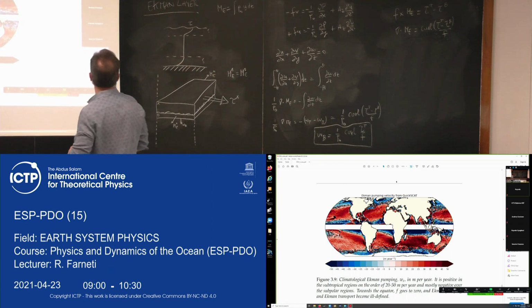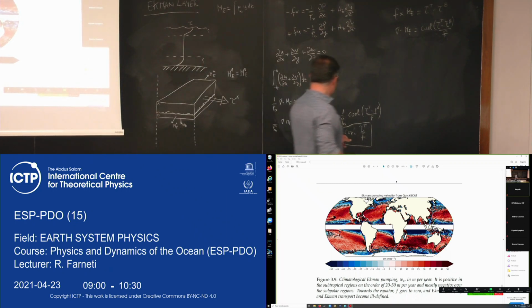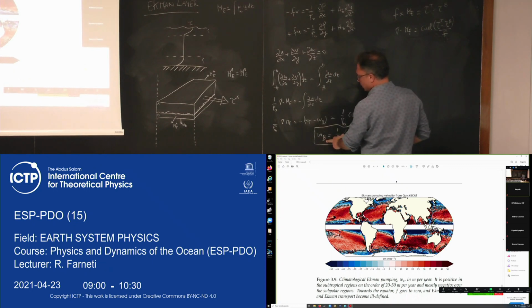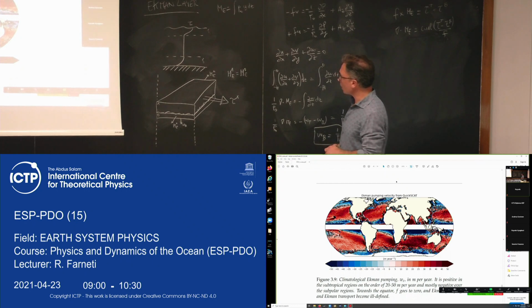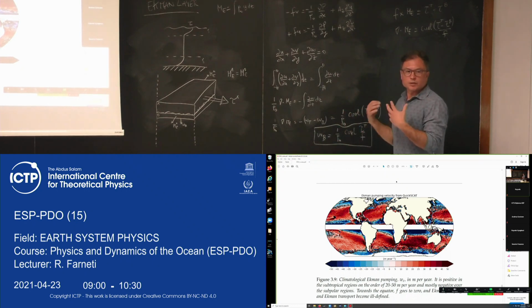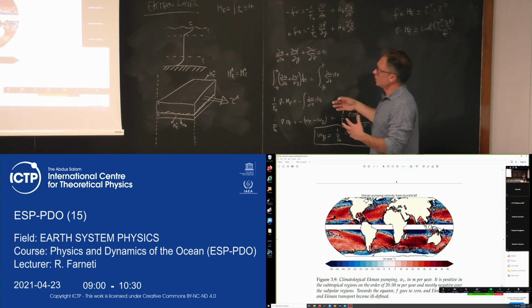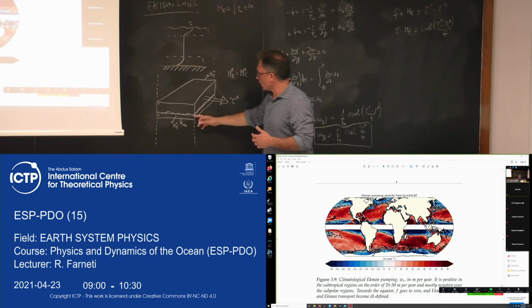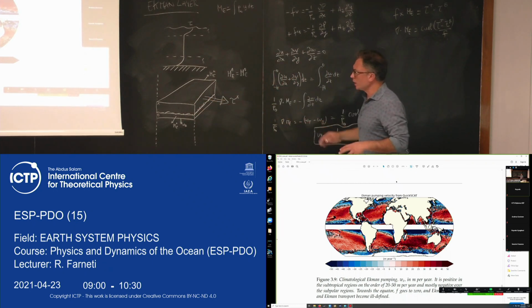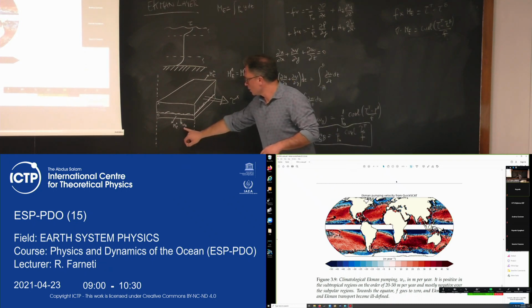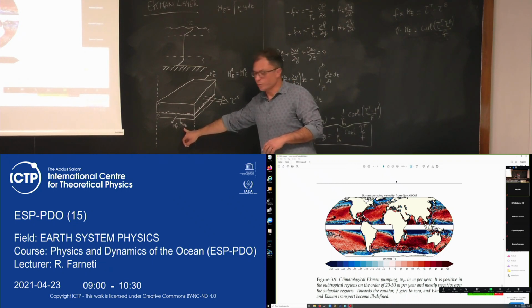So the wind stress curl, this curl generates the Ekman velocity. And that's why I told you at the beginning that it's not really the wind stress that drives the ocean, but it's the wind stress curl. Okay? It's the curl that, through an Ekman layer and through the divergence of the mass transport within the Ekman layer, generates these vertical velocities at the base of the Ekman layer.